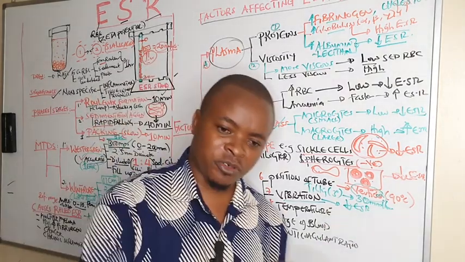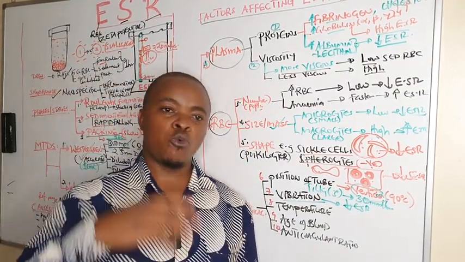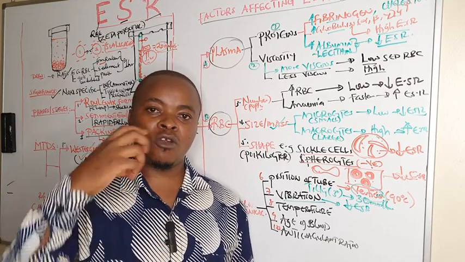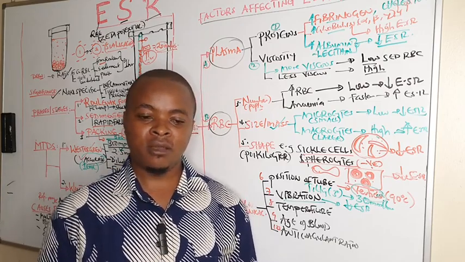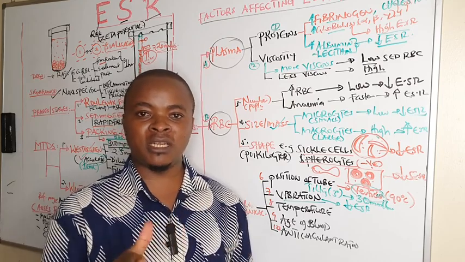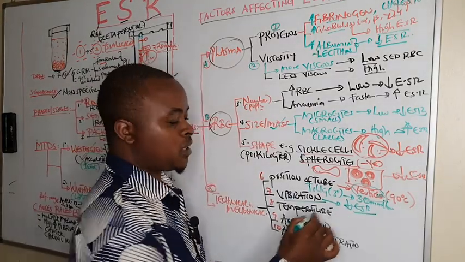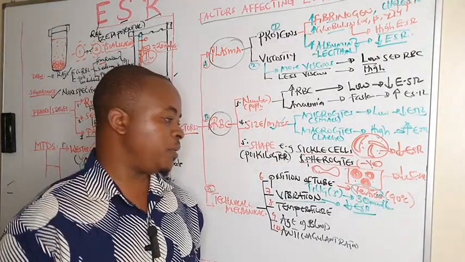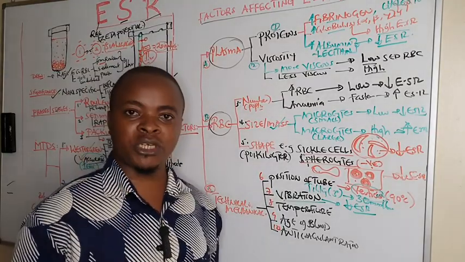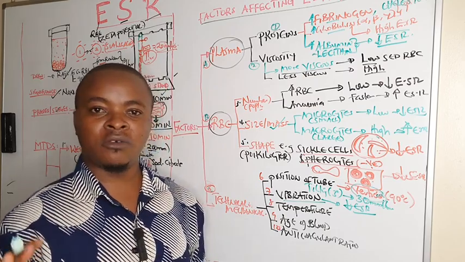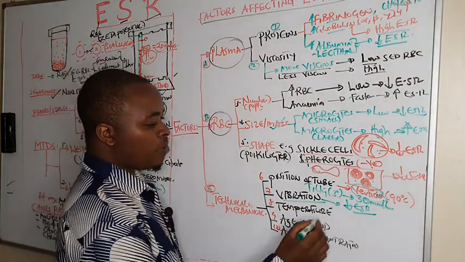If you put your ESR stand on a bench with constant vibration, it does not favor rouleaux formation and packing because the cells remain suspended in the plasma, hence leading to low ESR results. So among the precautions, it should be done on a bench without vibration created by the centrifuge.